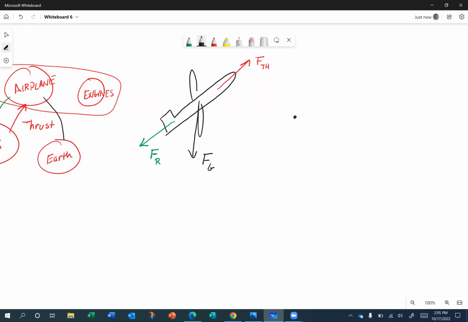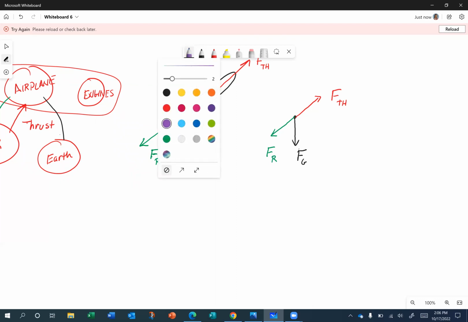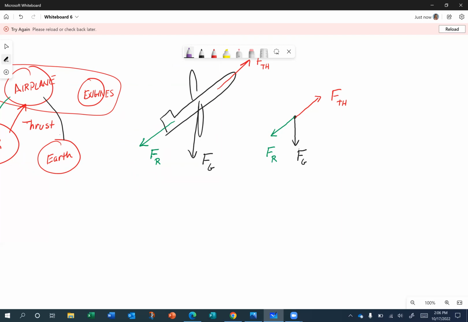Drawing our free body diagram, force of gravity, or the weight, acting straight down, our thrust force. Whoops, I think I did forget a force. We have the force of air resistance, but you're also told that there is a lift force on the plane perpendicular to the wings.